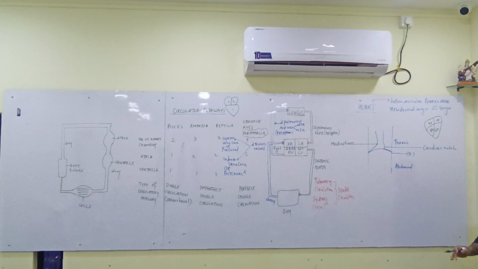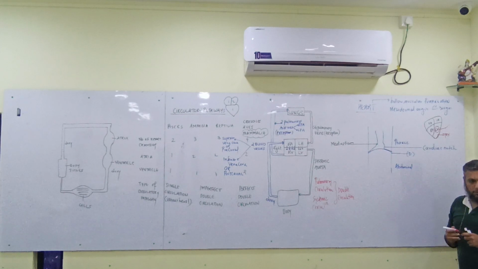I made it this way to make you understand that all the chambers of the heart are not equal in size. I want you to pay special attention to the apex of the heart, which is majorly made of the left ventricle.